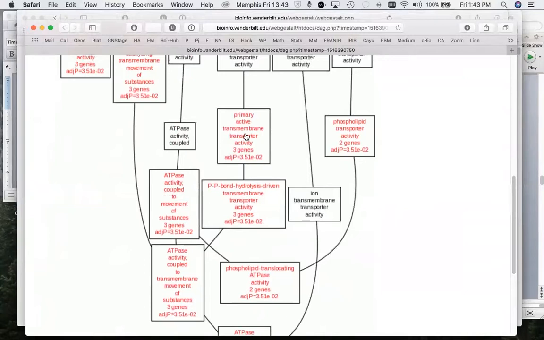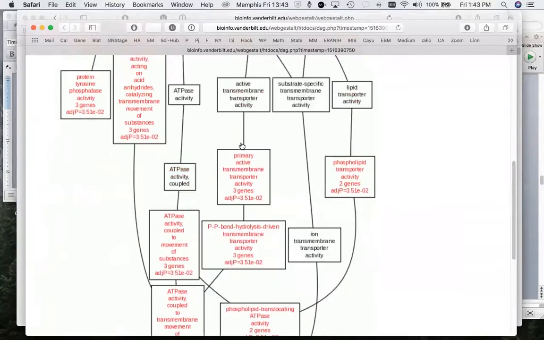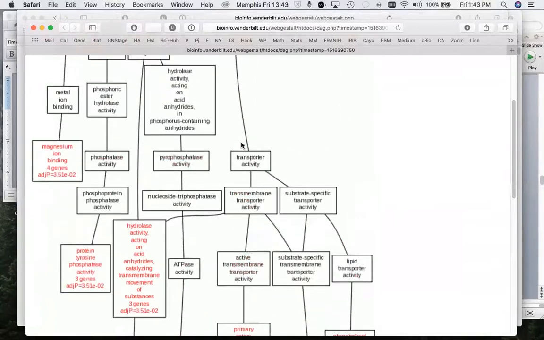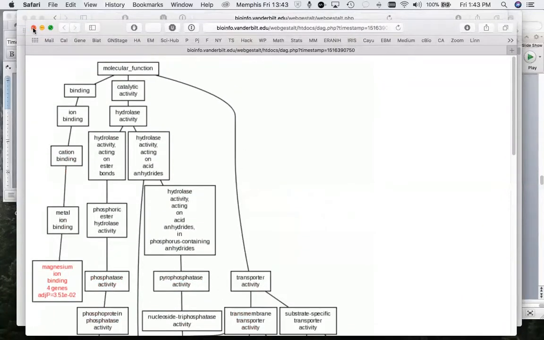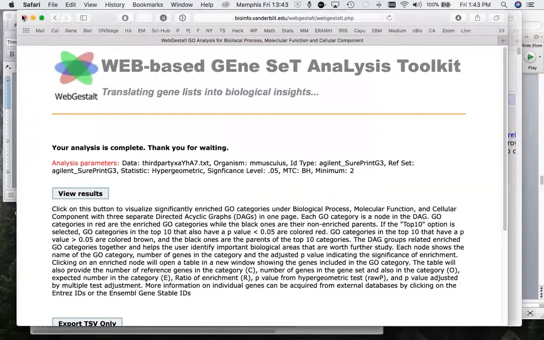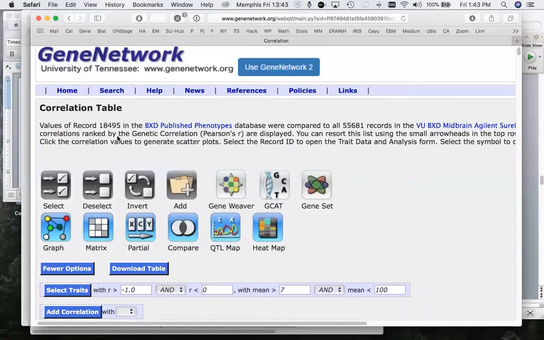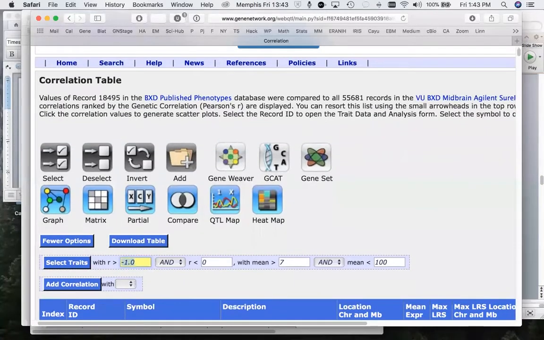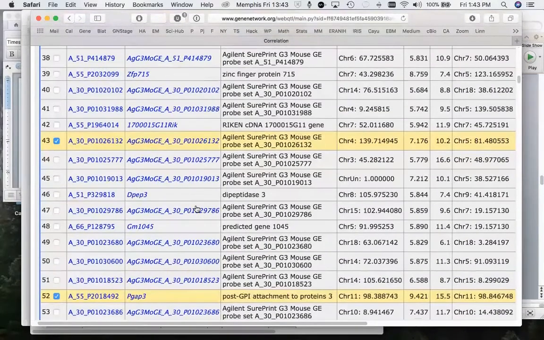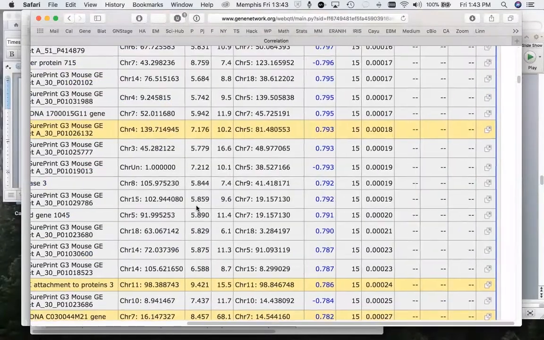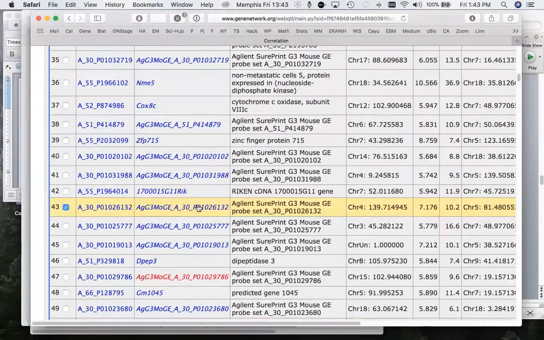Active transmembrane transporter activity is enriched. With only 3 genes, I would take that with a very large grain of salt, and I would consider that analysis pretty much a negative result. I could flip it around though quite easily, like that. I'll have a different set now with positive correlations, and I could redo it on the positive side.